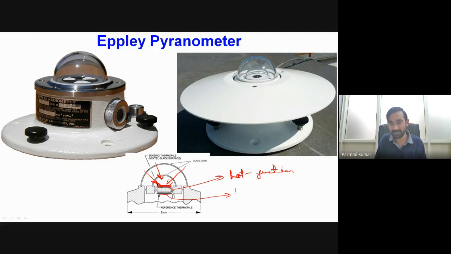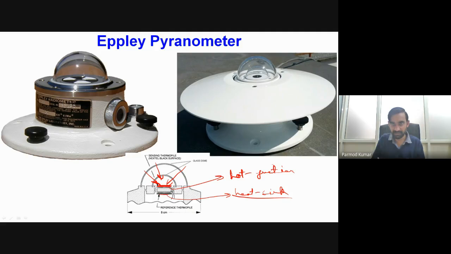Here we will have a heat sink which maintains this reference junction at constant temperature. The hot junction we have enclosed inside a glass enclosure, and we are maintaining complete vacuum there, so that we do not have any losses of heat because of convective heat transfer.